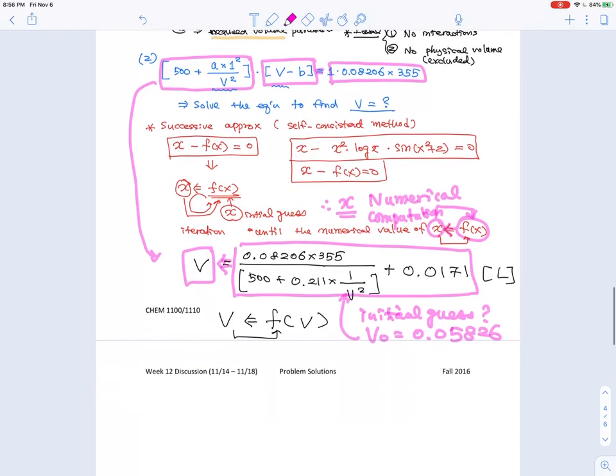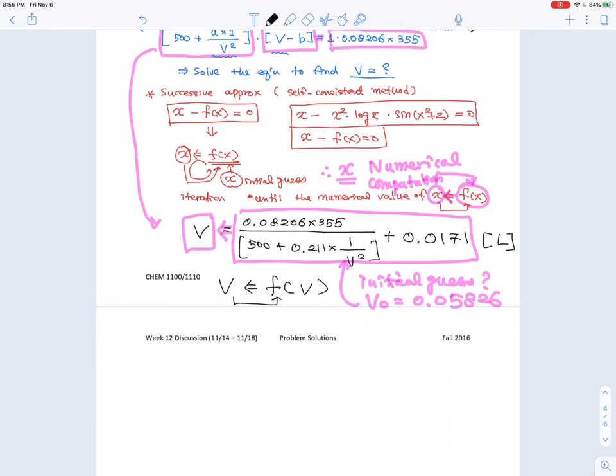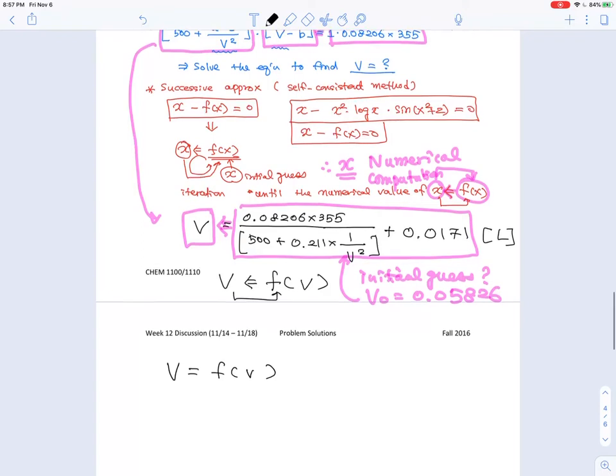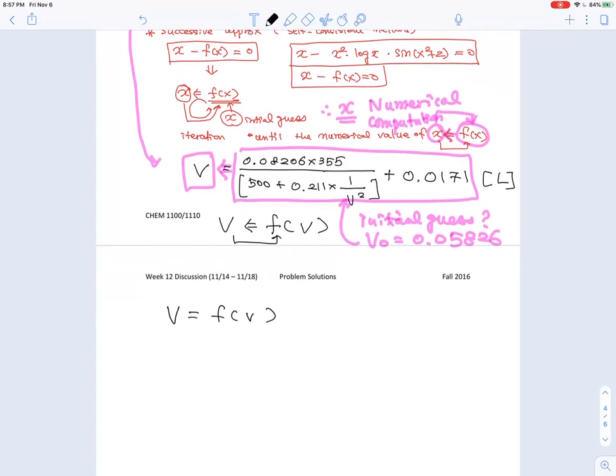So this is what I have here now. One way to look at that, now the equation up there is V as a function of V, and the first approximation is 0.05826 liter. That's from the ideal gas volume.